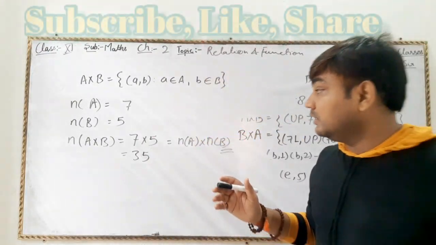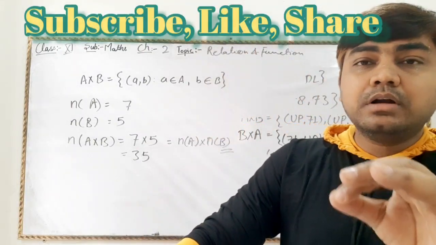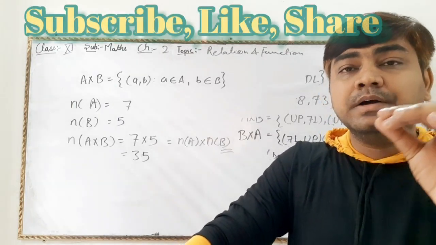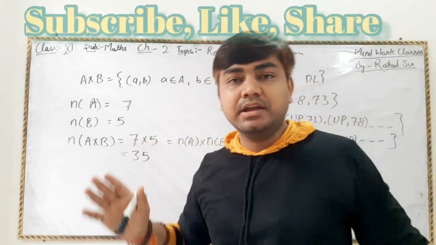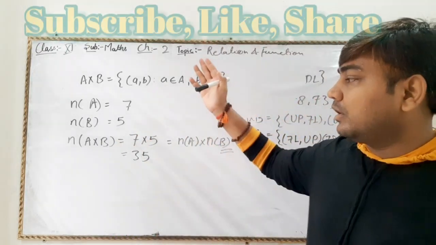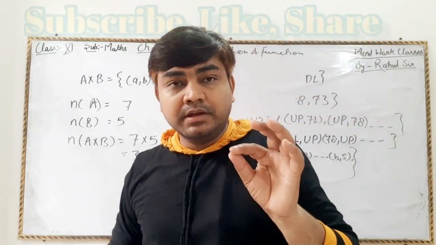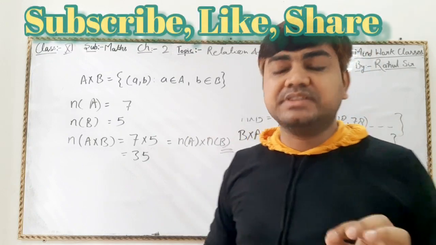And please understand here, for multiplying, that means for finding out the Cartesian product of any two sets, the first thing is that the sets must be non-empty.